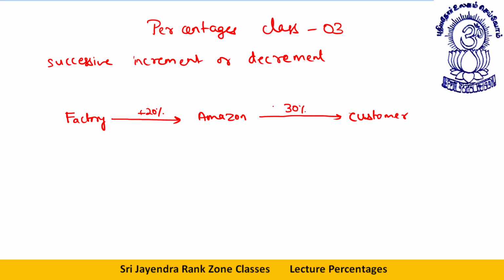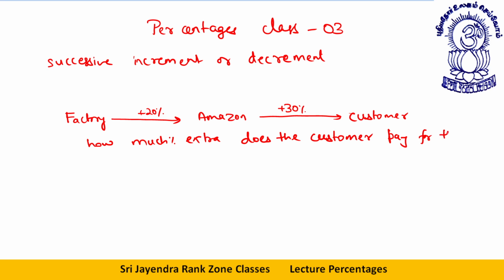The plus sign means addition, or I can use an arrow: this means up, this means down. So what is the final price the customer has to pay for a shoe? How much percent extra does the customer pay for the shoe?